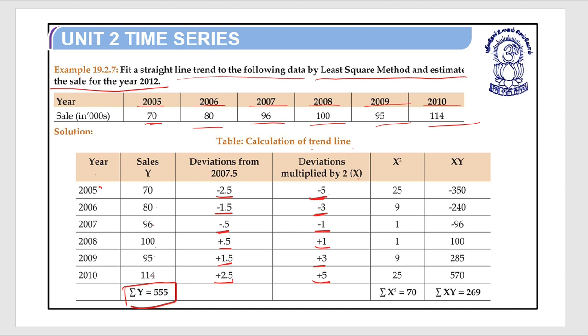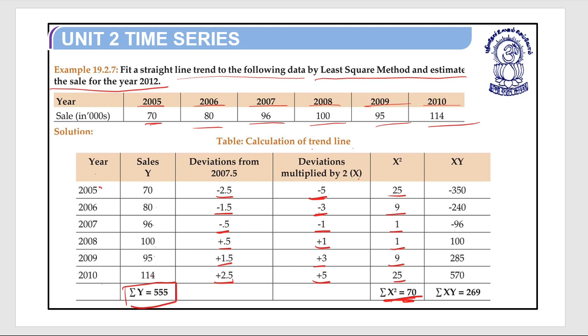X square is 5 square 25, 3 square 9, minus 1 square 1, plus 1 square 1, 3 square 9, 5 square 25. Sum of x square, sigma x square, is equal to 70 in total. Now xy, so x into y: 70 into minus 5 is minus 350, 80 into minus 3 is minus 240.